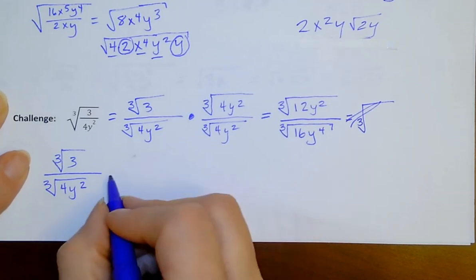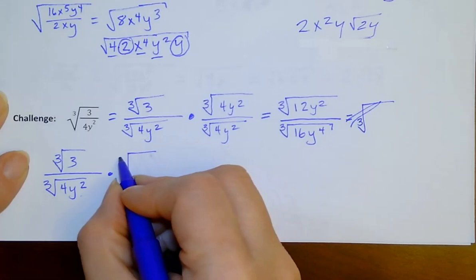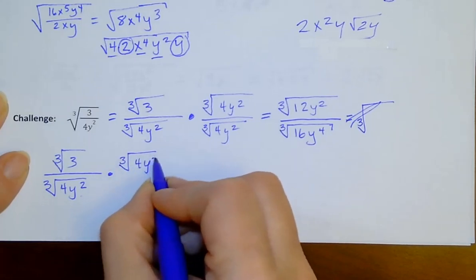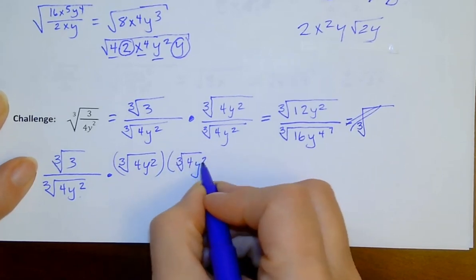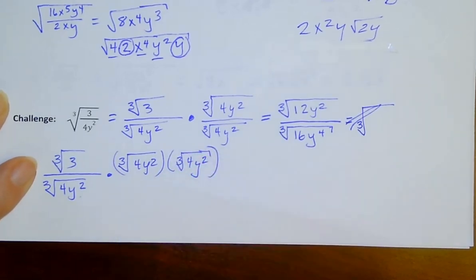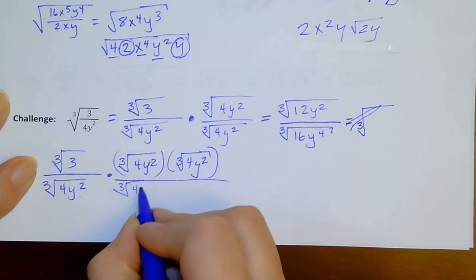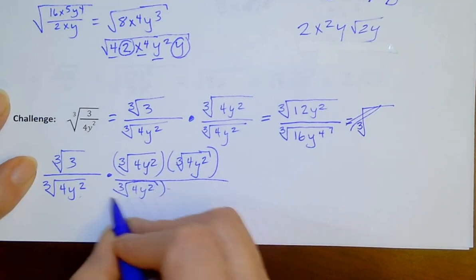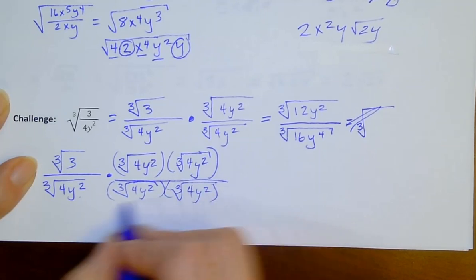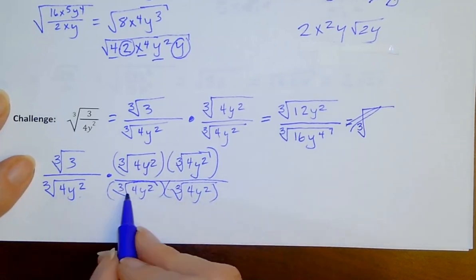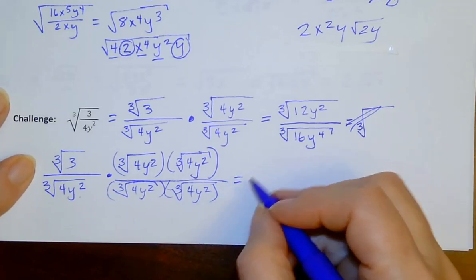So what if I multiplied by, because I want to get rid of this cube, the cube root of 4y squared times the cube root of 4y squared, all over the cube root of 4y squared times the cube root of 4y squared? Stay with me. Let's see if we can make this work, okay? See why I'm now having 1, 2, 3. So I'm going to rewrite this so you can see what crazy talk I'm doing here.